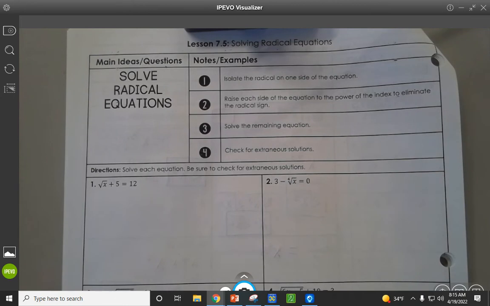So number one, we have to get the square root by itself. So we're going to subtract 5 from both sides. And that gives me the square root of x equals 7.